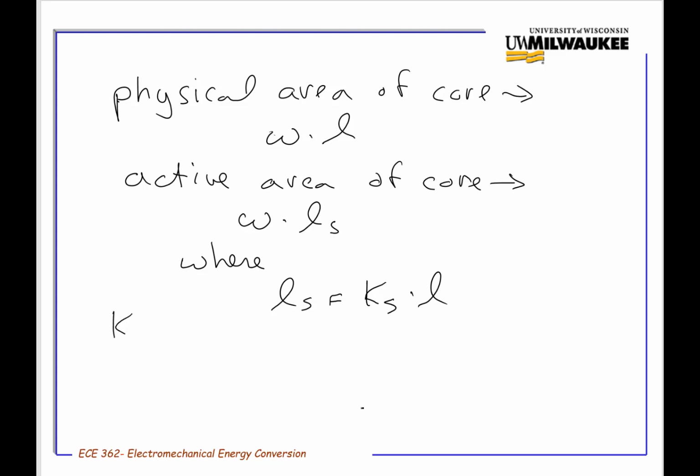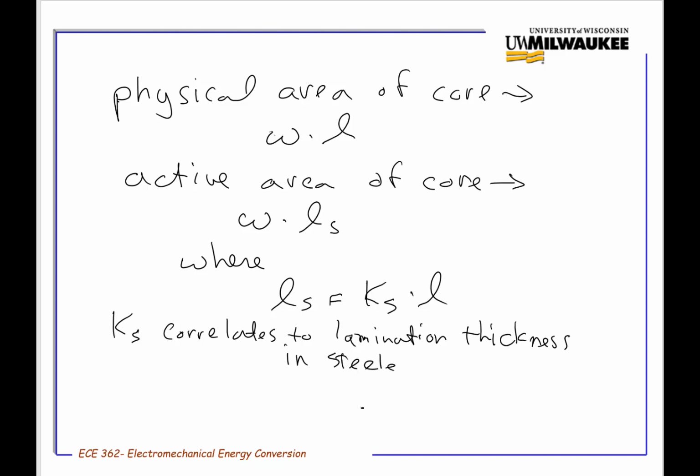So the Ks correlates to the lamination thickness in steel, the ferro, or it correlates to the manufacturing process of the ferrite type materials.